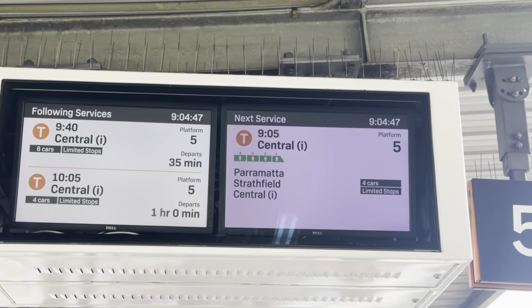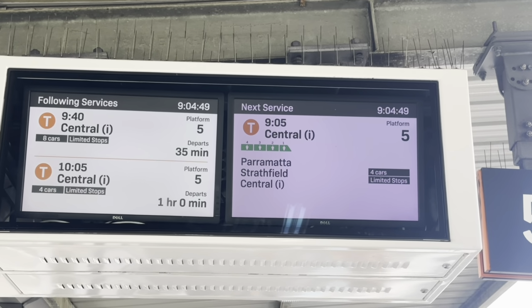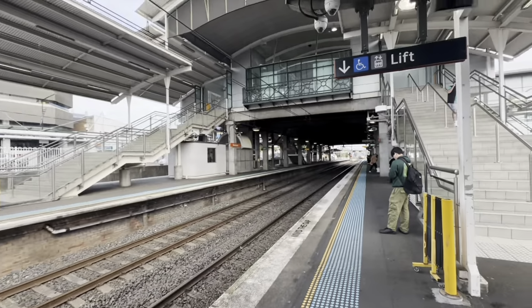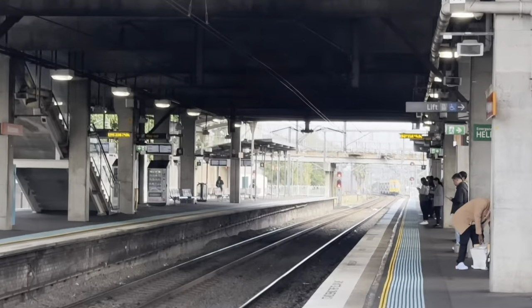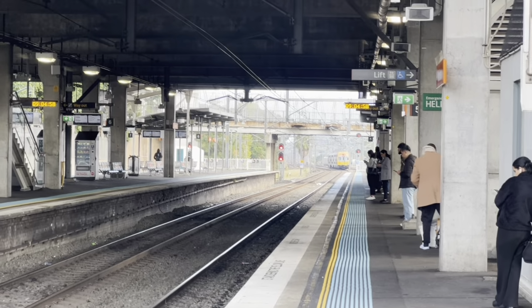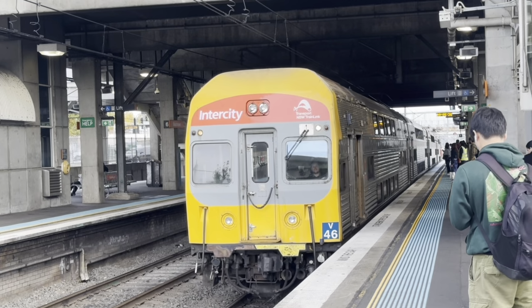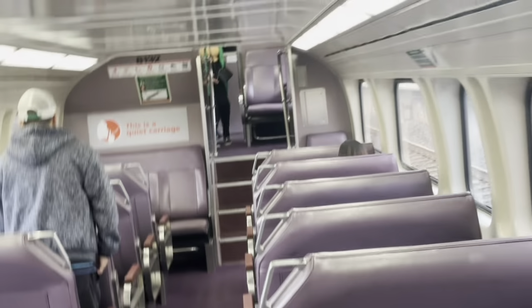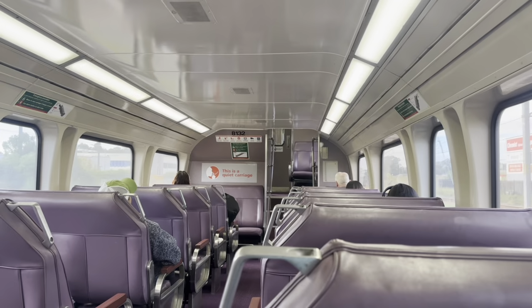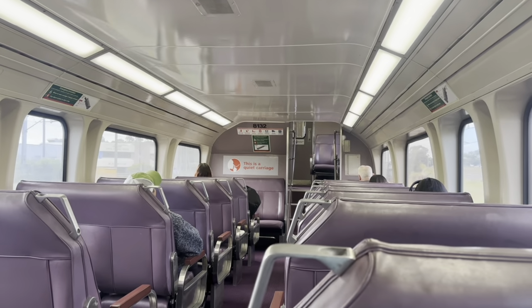A train stopping at only 3 stops. It's coming. It's Sunday, so the train is empty.